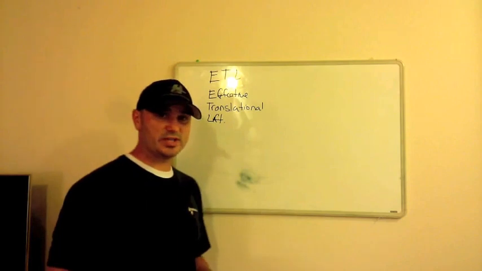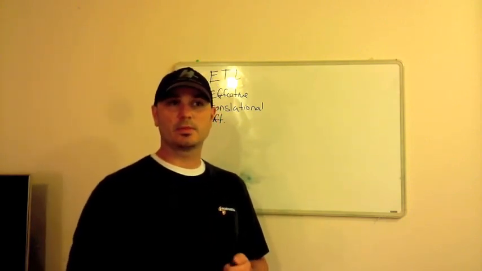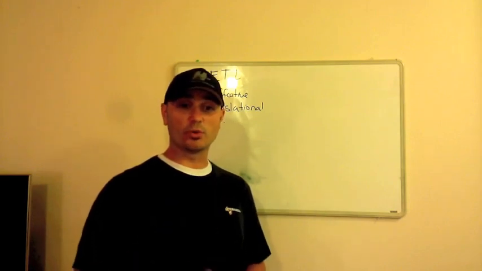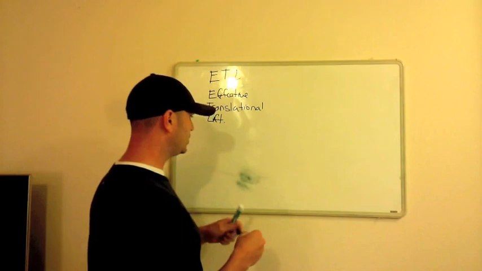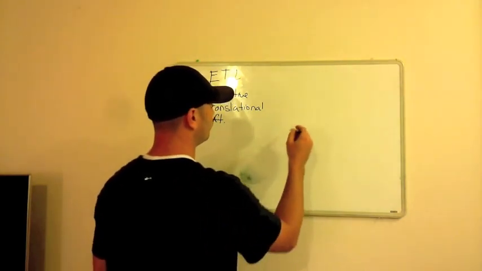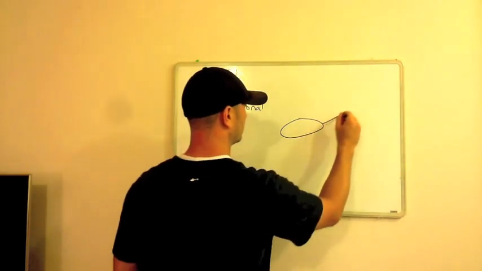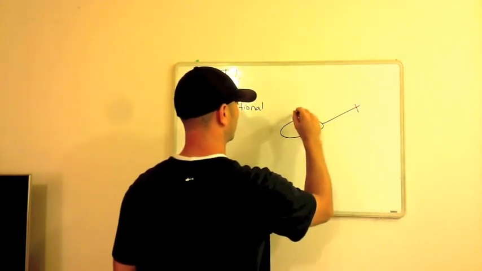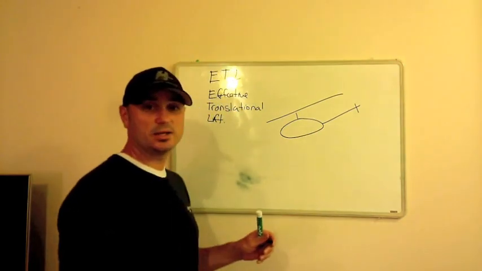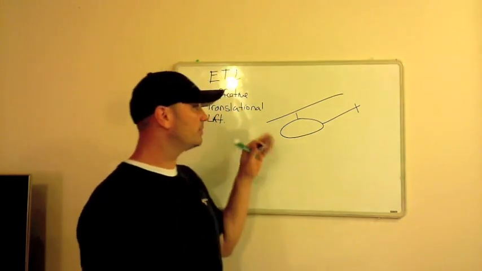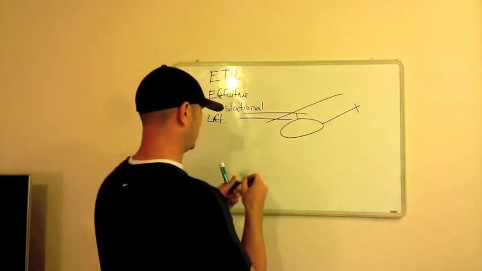With effective translational lift, the point is to get the helicopter, or the rotor blades, to become more efficient. As our aircraft continues to increase speed through the transverse flow effect, the entire disc becomes more efficient because of the way the relative wind is going through our disc.